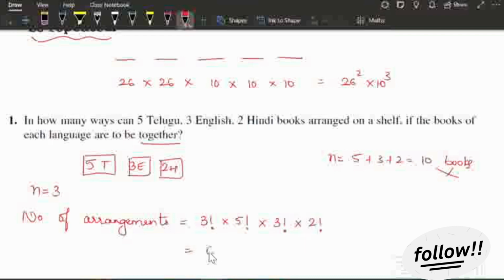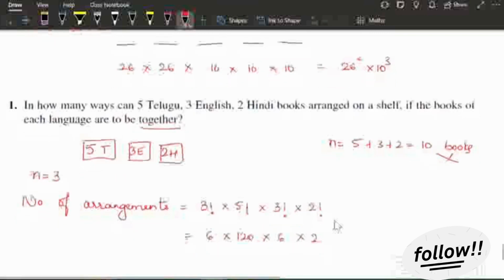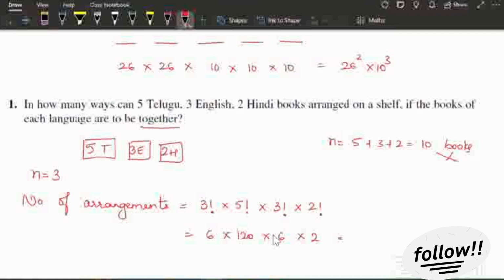Now simplify this. 3 factorial is 6, 5 factorial is 120, and this is 6, and this is going to be 2. So you get 12 into 24.